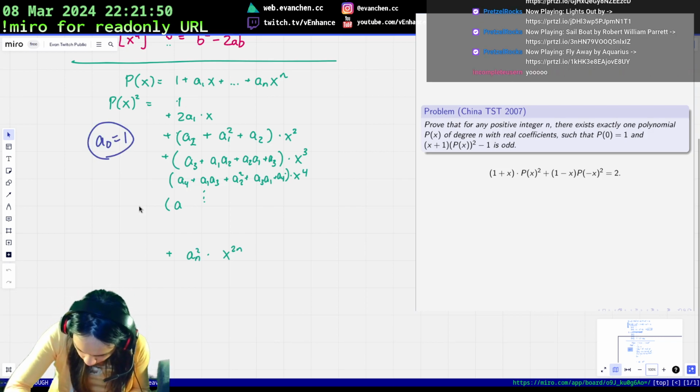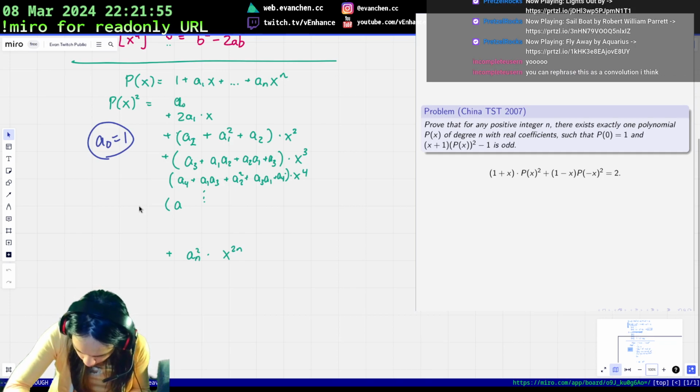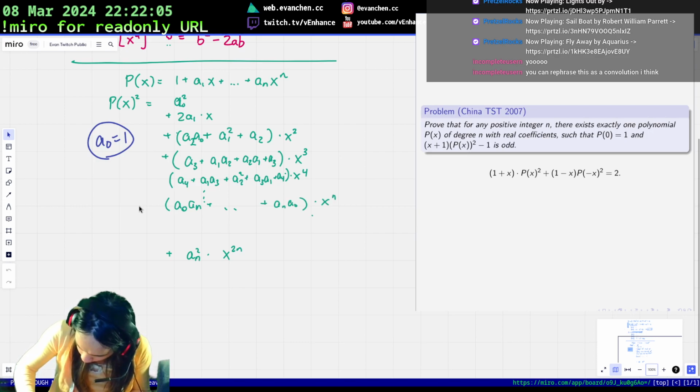Feels a little better. It's like a0 squared. You get the pattern, right? It's a0, x to the n, and x to the n plus 1, plus a_n a1, and then finally it's an squared at the top.